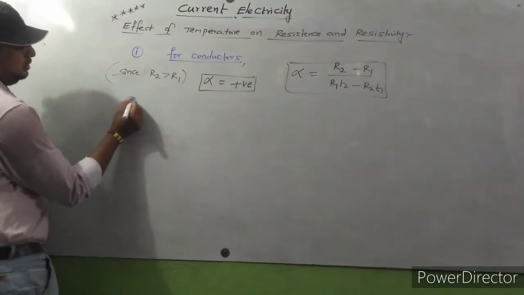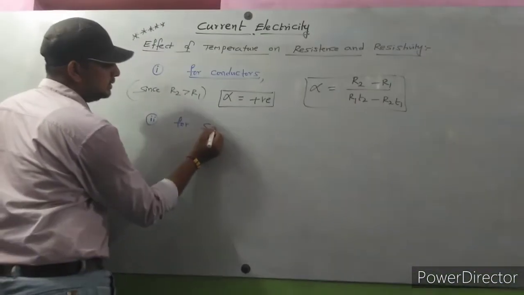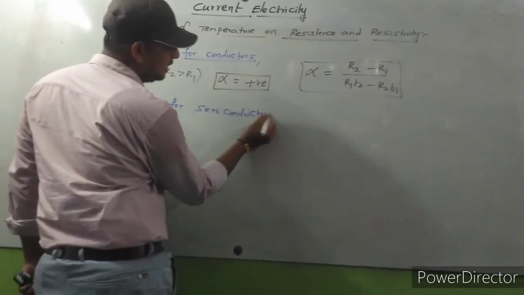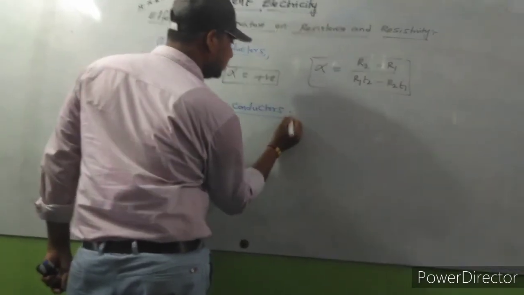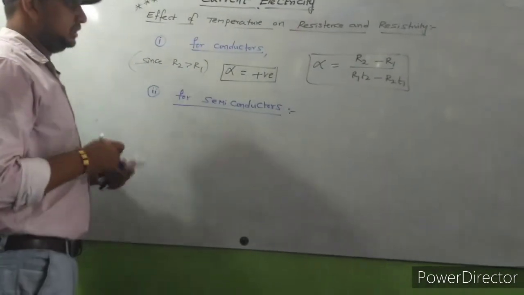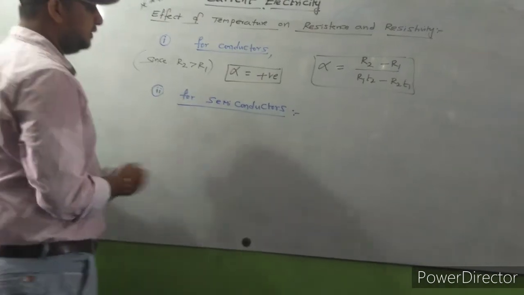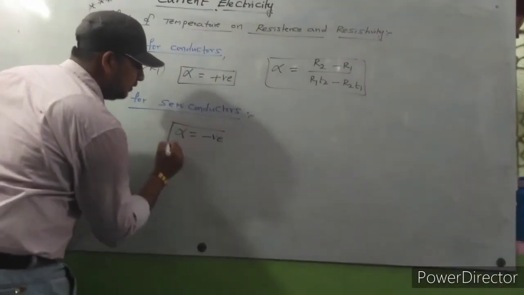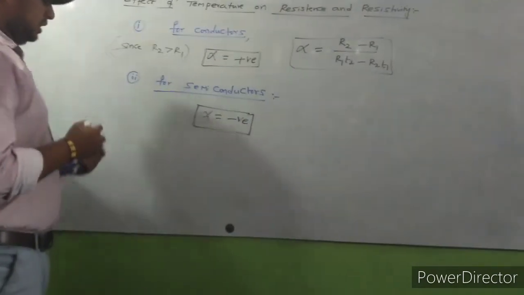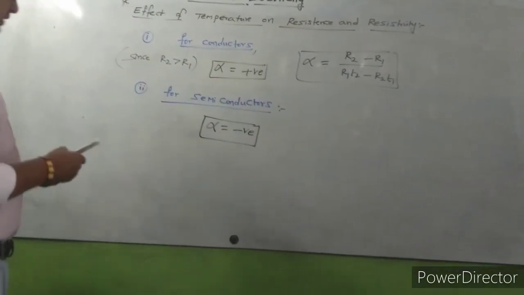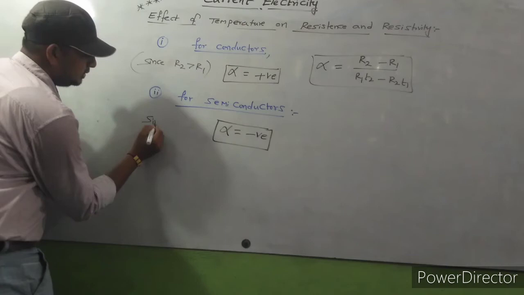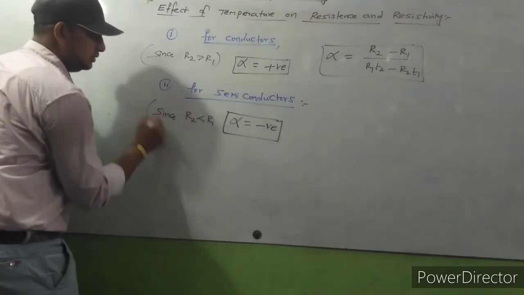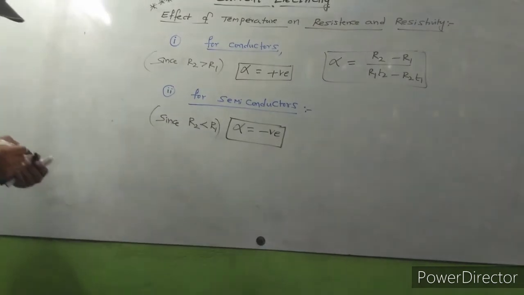Next, for semiconductors, alpha value is negative since R2 is less than R1.